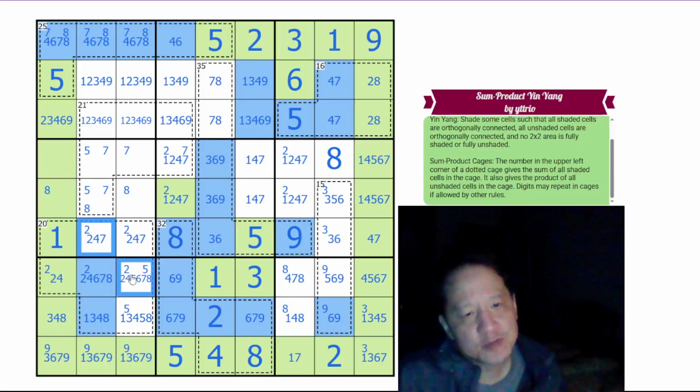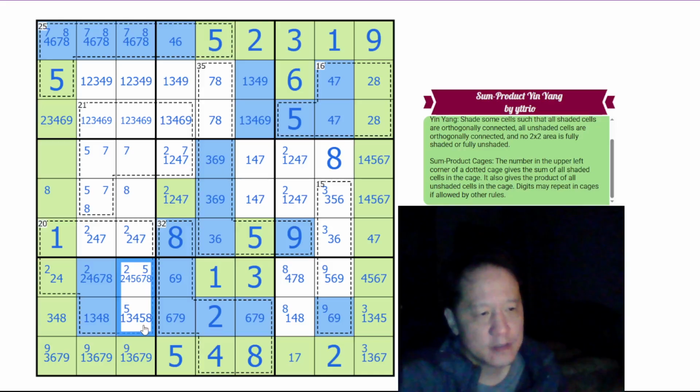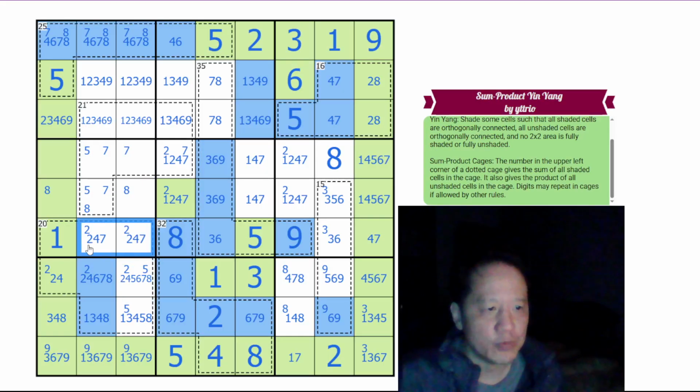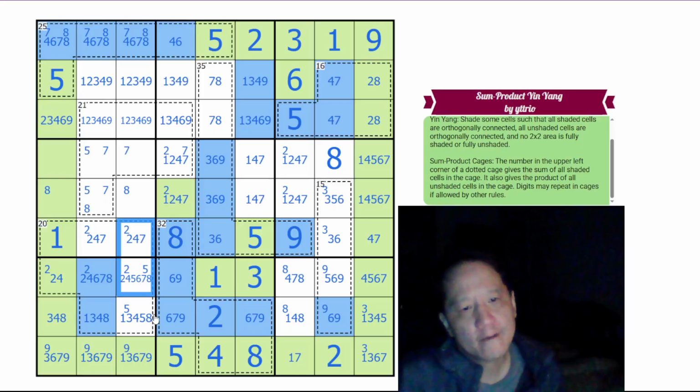So say this was green with that being green. So if these are both blue, blue, this is green, green, guaranteed. Because this would be blue, blue, this would have to be green. The green has to orthogonally connect to the rest of the green, so it must come out there. If this is not blue, blue, say it's green here, one of these two must be green. One of these two must be green.